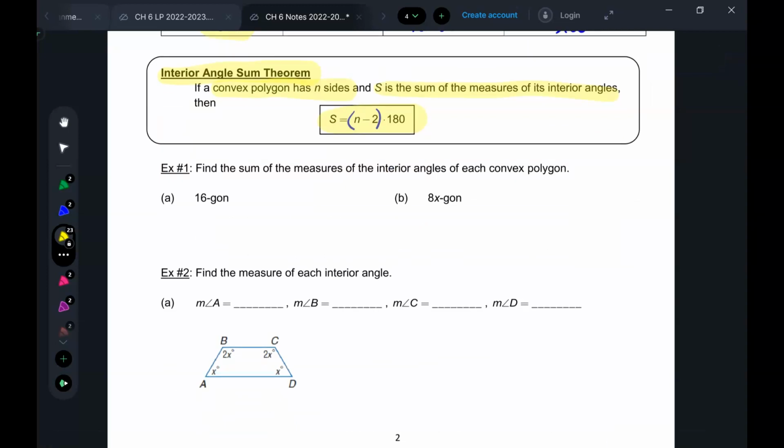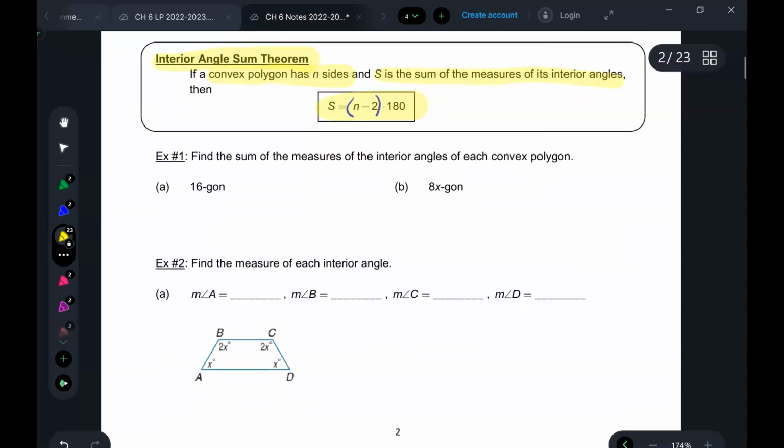Just going to plug it into our calculator. So if we have a 16-sided polygon, what's the sum? 16 minus 2. Why is it minus 2?